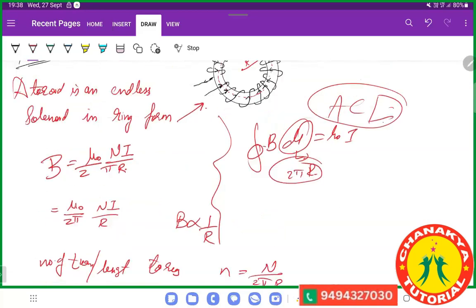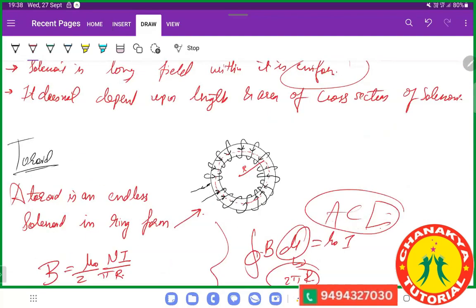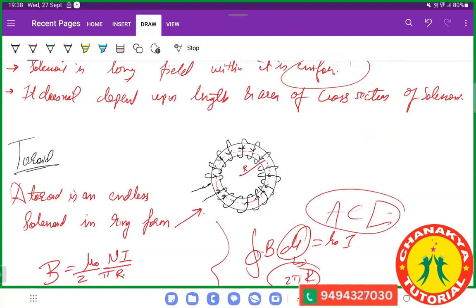Now see, for the ideal case, these wires will be very tightly bound, closely spaced around it.